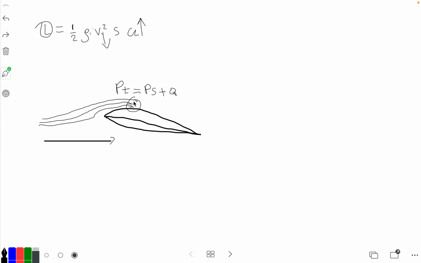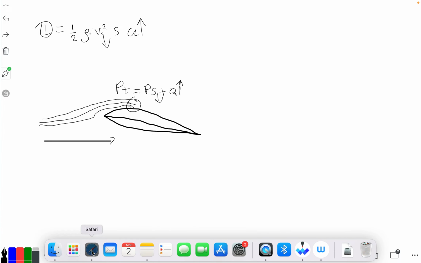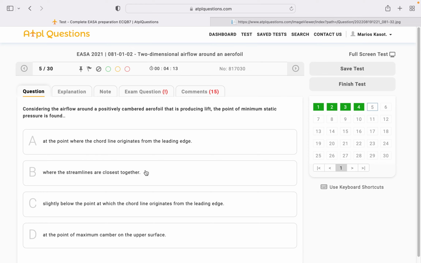When the streamlines are the closest together, dynamic pressure hits the highest value. Also, static pressure hits the lowest value. So where the streamlines are closest together, this is the correct answer, B.